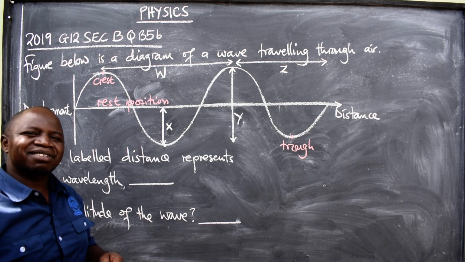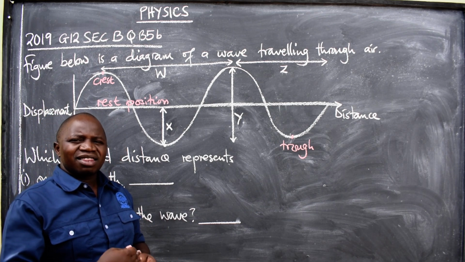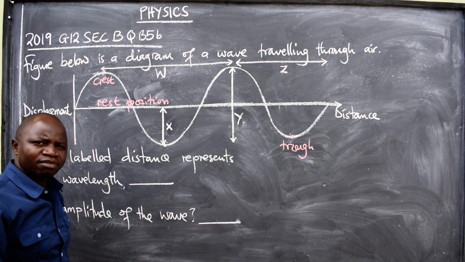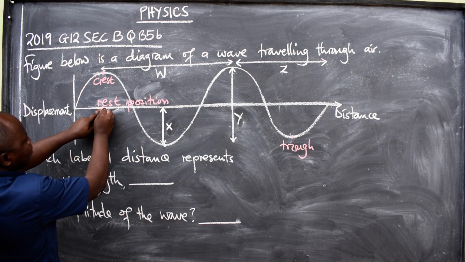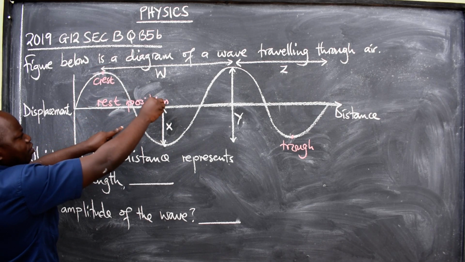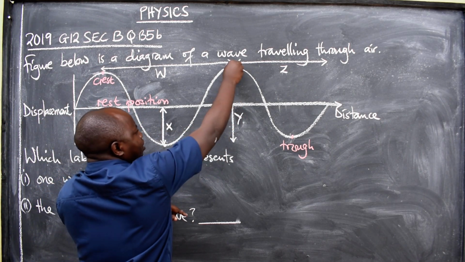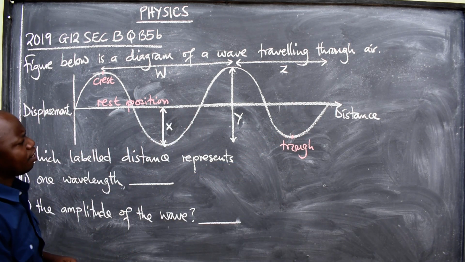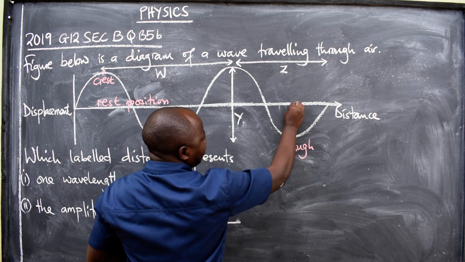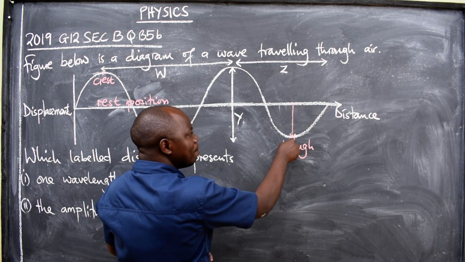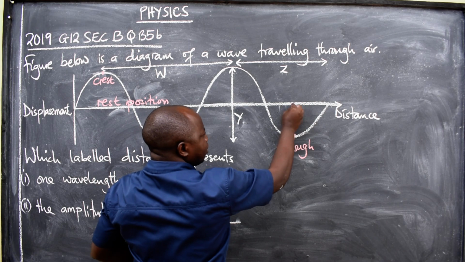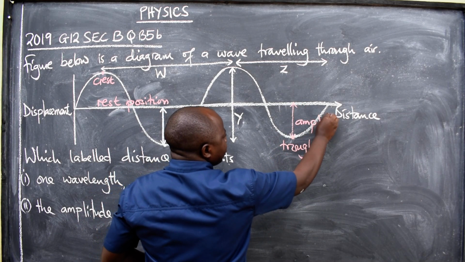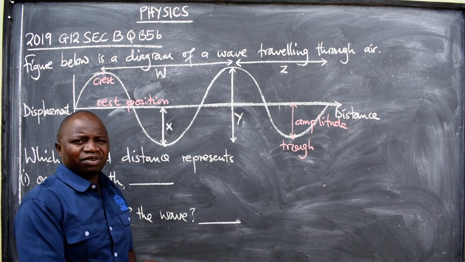We also have the maximum distance that the wave has traveled from its rest position. Remember, I'm saying maximum. From this end to that end, this is called amplitude.